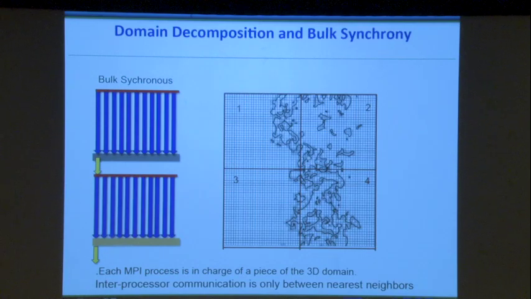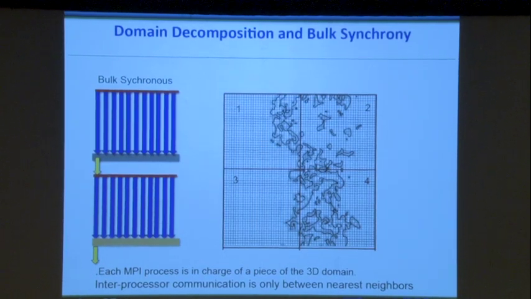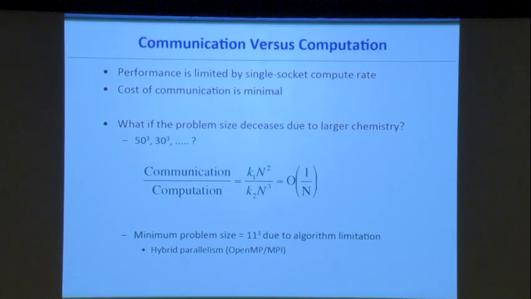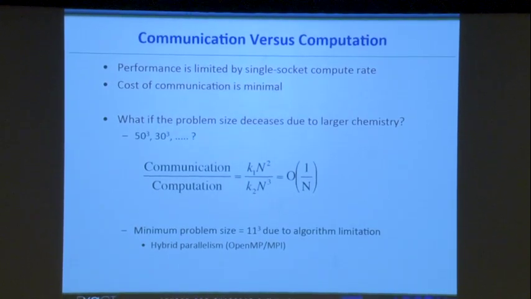And then on the right here, I've just shown you pictorially the uniform mesh, and then the domain decomposition onto 4 processors with ghost cells in between. If you look at the communication cost to the computational cost, right now our communication is a small fraction of our computation, and it scales inversely with the number of mesh points that you put on a processor.